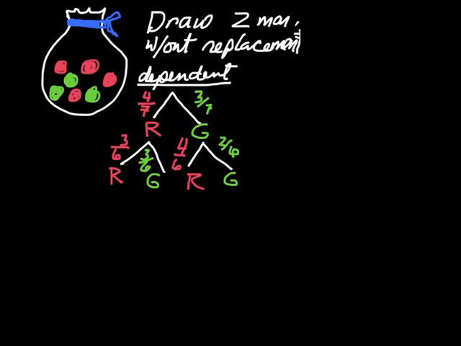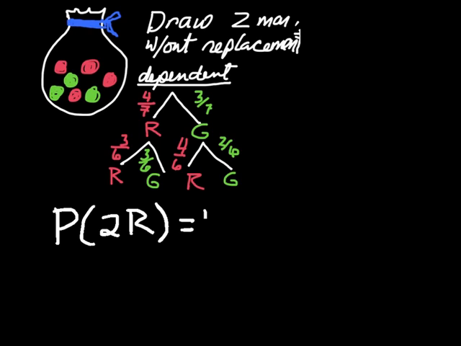And then now that you only have 6 marbles left, there are the probabilities in each of the situations given that you drew a red or a green first. So what we're going to do is a dependent event again. Let's say, what's the probability of drawing 2 red marbles?